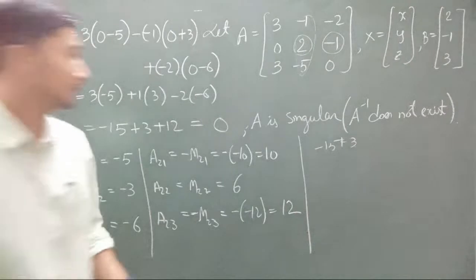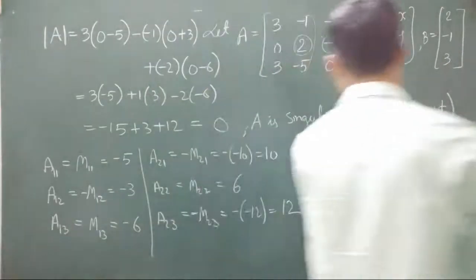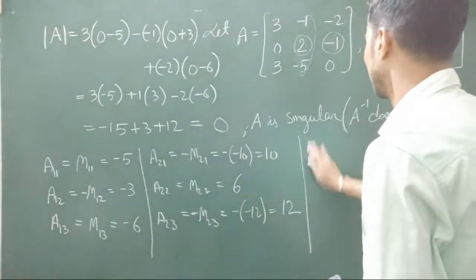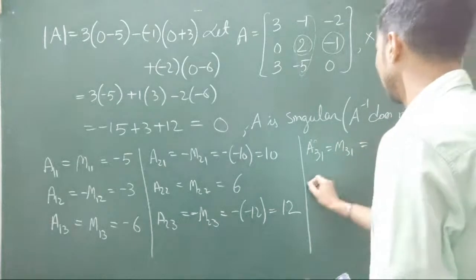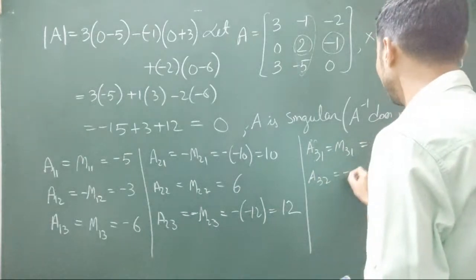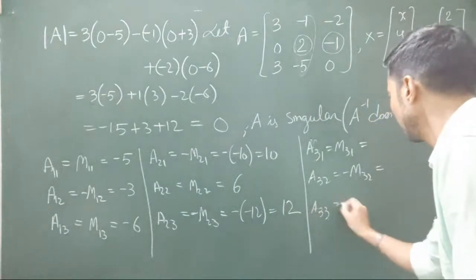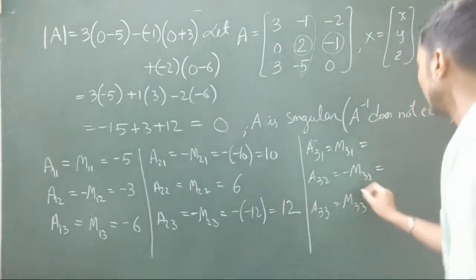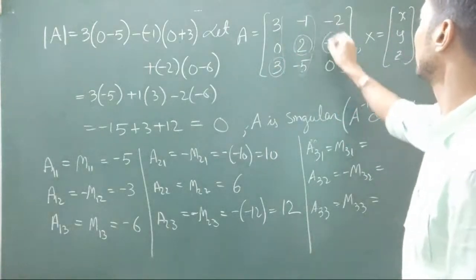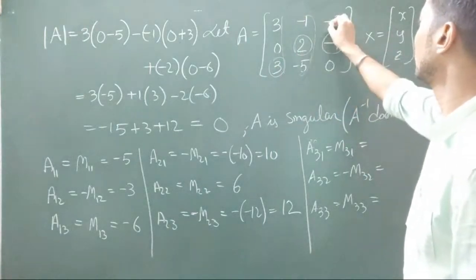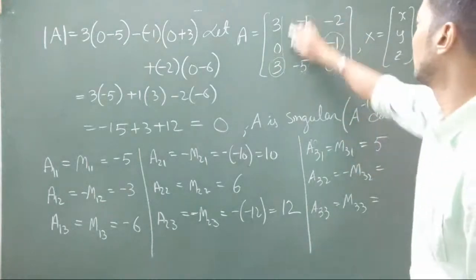Then finally, A31 will be M31, A32 minus M32, A33 will be M33. Let's calculate. M31: minus 1 minus minus 2 2s are 4, plus 4, that's going to be 5.